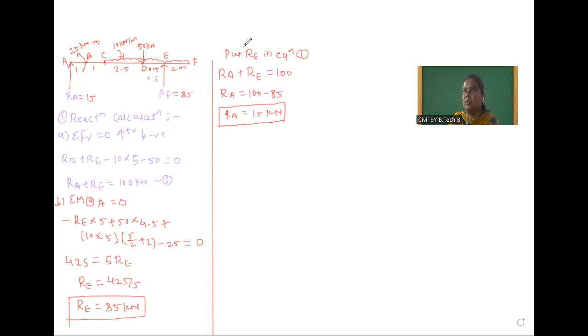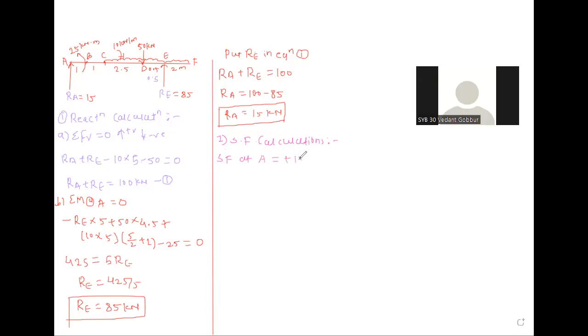So the second step is shear force calculations. Okay. So we will calculate shear force at A. Now you tell me, shear force at A is equal to plus or minus?